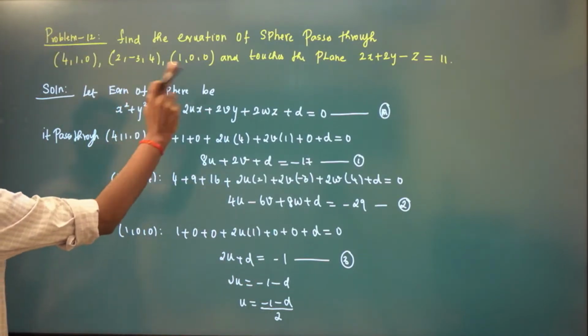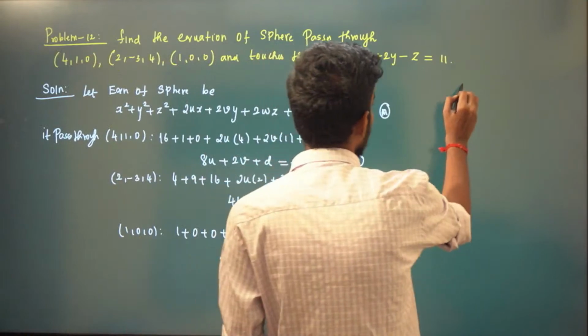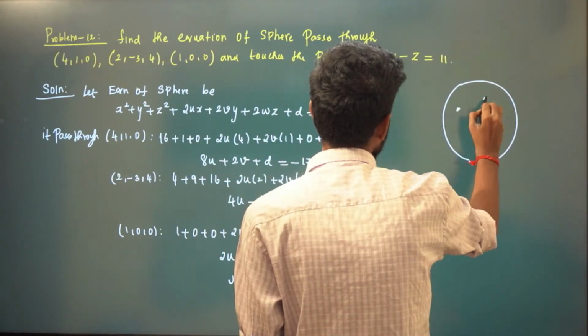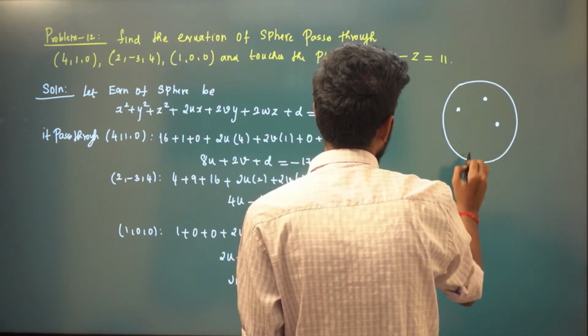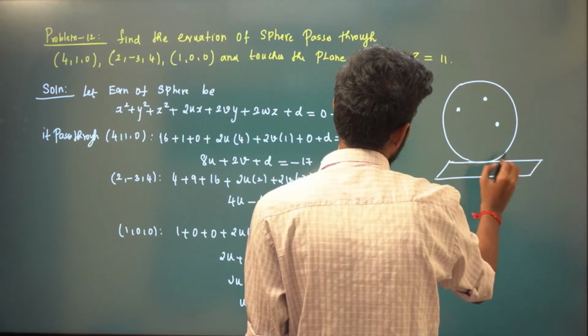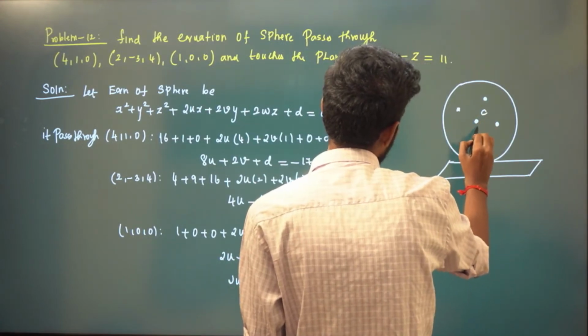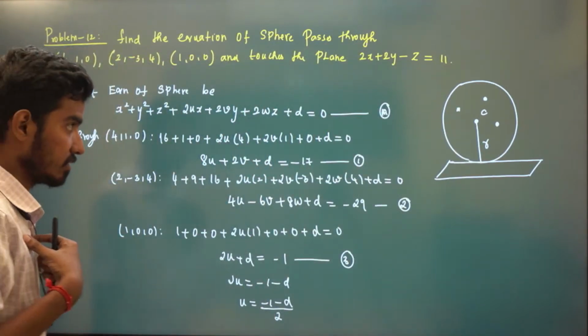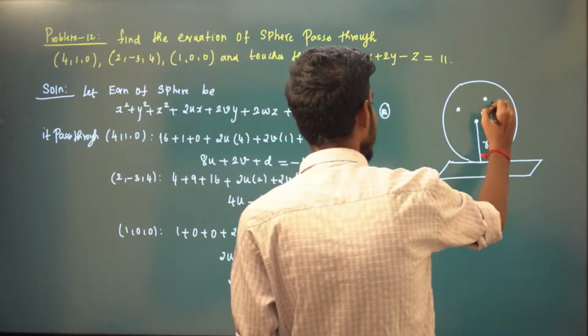Now it has to touch this plane. So we need to find an equation of sphere that has to pass through these 3 points and also touch this plane. That means the radius will be equal to the perpendicular distance, right? What is the center?